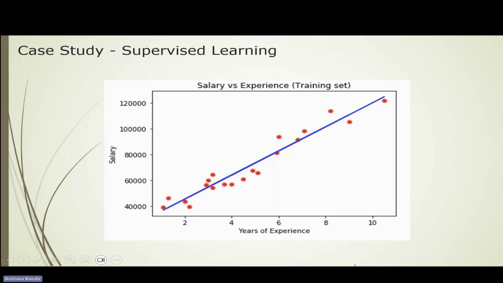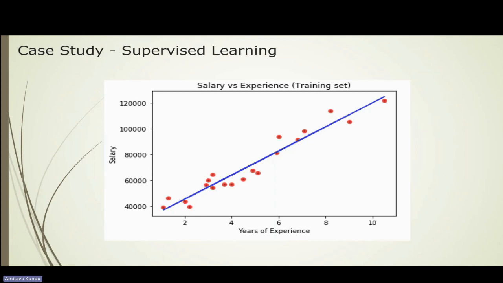If you see in this diagram, we have been given the years of experience and the salary. As the number of years of experience increases, you can see the corresponding salary is also given to us. So input and output both are given.